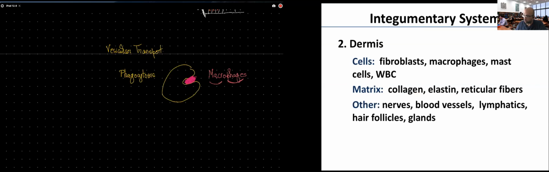Also embedded in the dermis, we can see for the first time blood vessels. If you remember, epidermis is epithelium, and epithelium is avascular. It doesn't contain any blood vessels, but here in the dermis, formed of connective tissue, it contains blood vessels, nerves, lymphatic vessels, hair follicles, and glands.